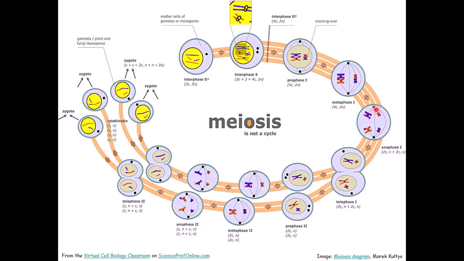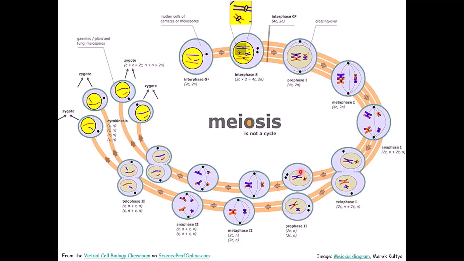Then telophase 1 happens the same as in mitosis, with formation of the nuclear membrane. The chromosome doesn't yet decondense. After telophase 1, the cell moves directly on; there is no interphase between telophase 1 and prophase 2.